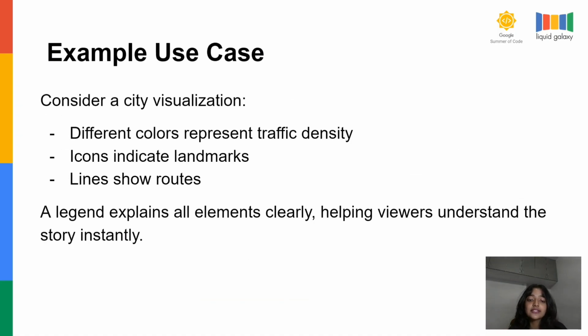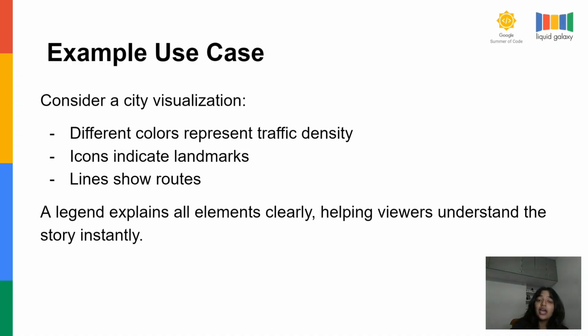Example use case. Let's imagine a smart city visualization. Traffic density shown using color gradients, landmarks shown using icons, public transport routes shown using colored lines. Without a legend, it looks visually impressive, but meaning is unclear.